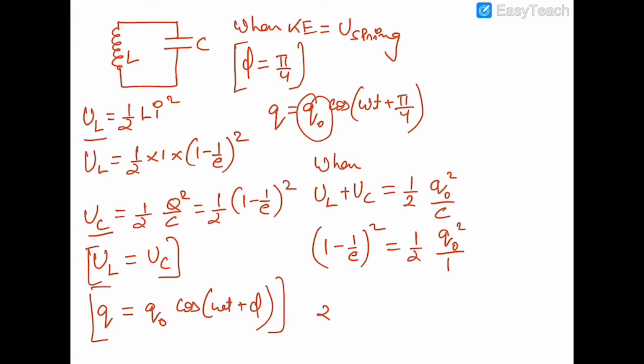So 2 into 1 minus 1 upon e whole square is equal to Q naught square, and hence this Q naught will be equal to root 2 into 1 minus 1 upon e.